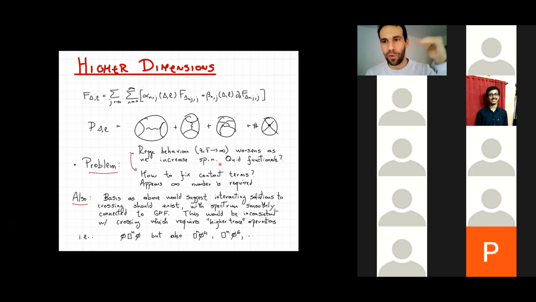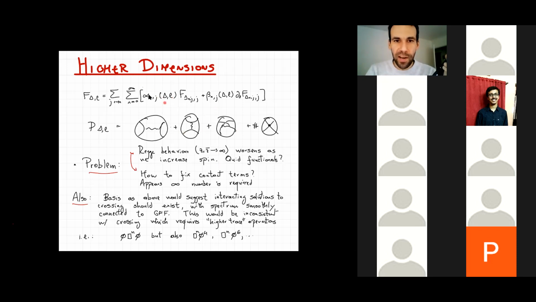Because if we allowed for a different Regge behavior, the basis of functionals had to be reduced. So if the Regge behavior got worse, then we would have fewer functionals. In 1D, it was fine because we only needed to do this to bootstrap contact terms, and contact terms are not physical CFT correlators anyway. CFT correlators were bounded, and you could find the crossing symmetric sum of exchange diagrams, which was Regge bounded. In this case, it seems like it's impossible.